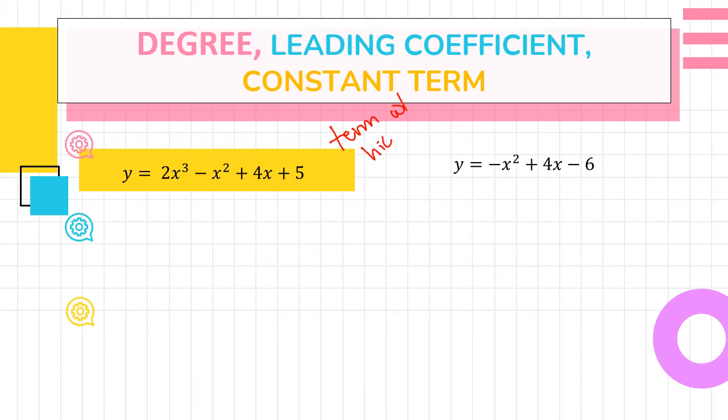Dito, alin ba dito yung term na may highest exponent? Here we have 2x cubed. May pinakamataas na exponent. From 2x cubed, ang ating exponent is yung 3. So, yung 3 na yan, highest exponent, yung tinatawag nating degree of the polynomial.